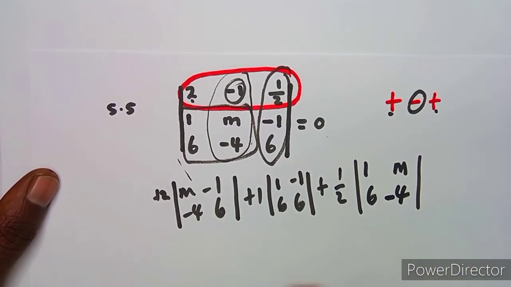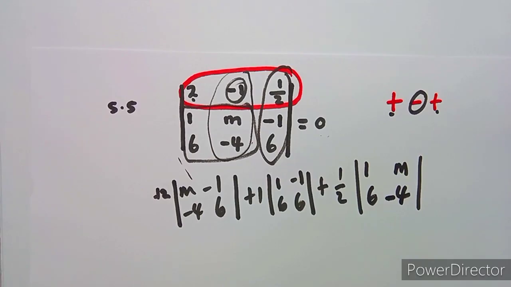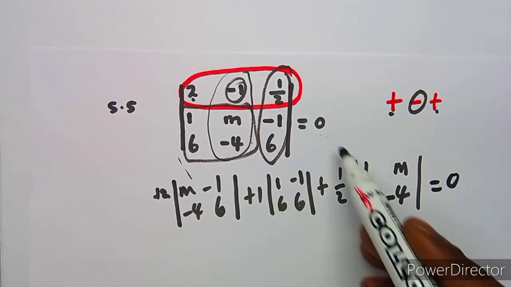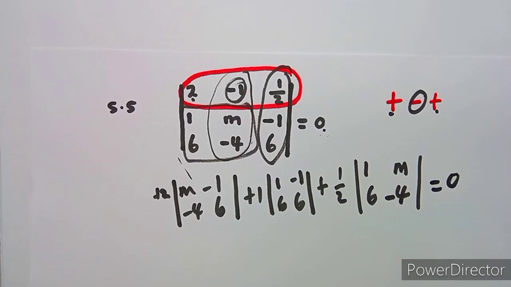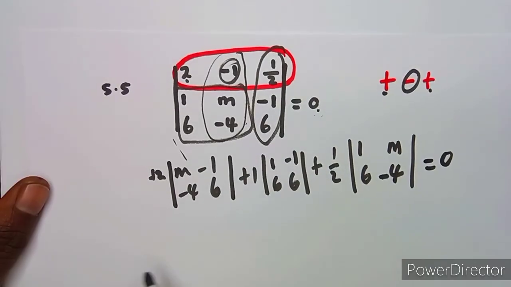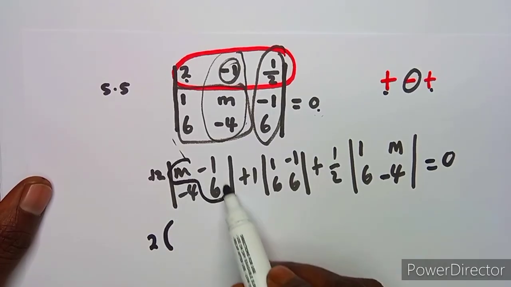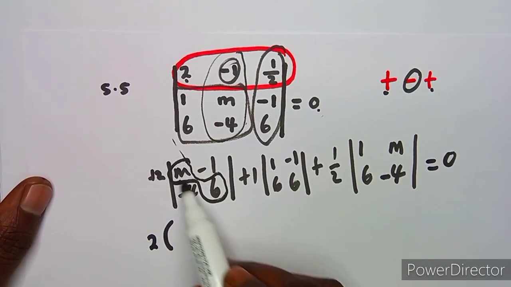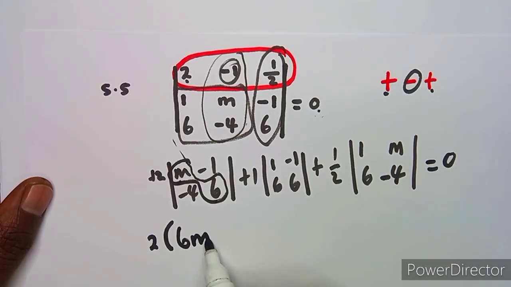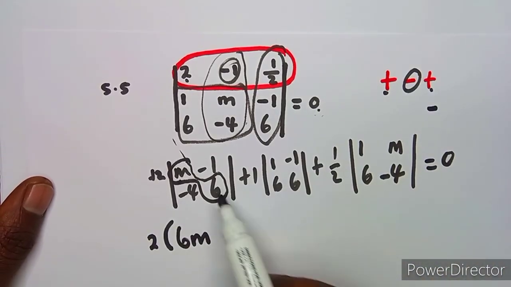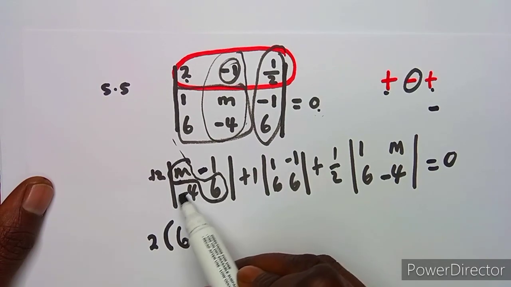So this is a representation for the determinant, and we are given that determinant, when you are solving it this way, it is equivalent to what? To a 0 there. We are given the answer. So it's a matter of solving the equation now, where we're going to have 2 into, remember, we multiply the major diagonal here, which is m times 6, which is 6m, minus, remember, it's minus 1 times minus 4.